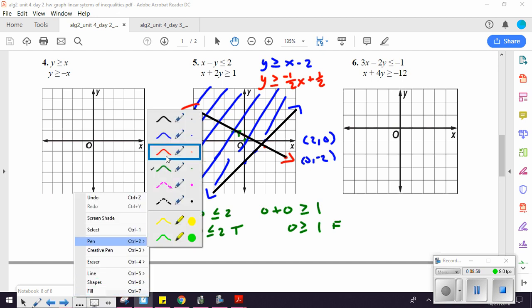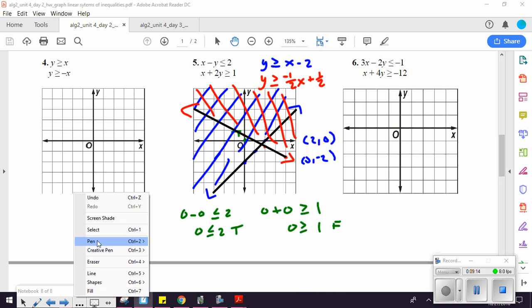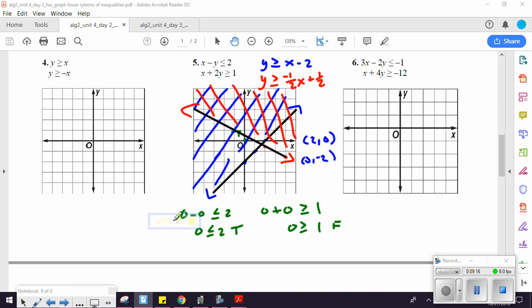In this case, that is everything above the red line. So the solution to this system is everything up here.